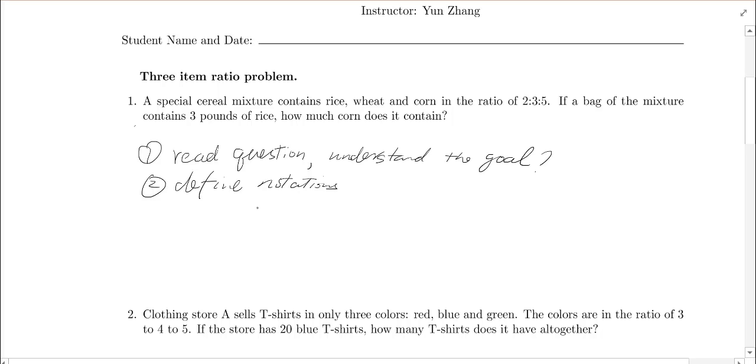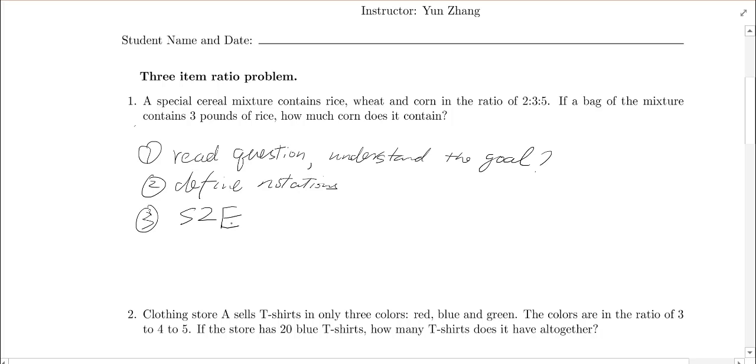So the third step is translate sentences into equations. I usually call it S2 equation. While you translate sentences into equations, you need to keep asking yourself, how many equations do I have, how many unknowns do I have?